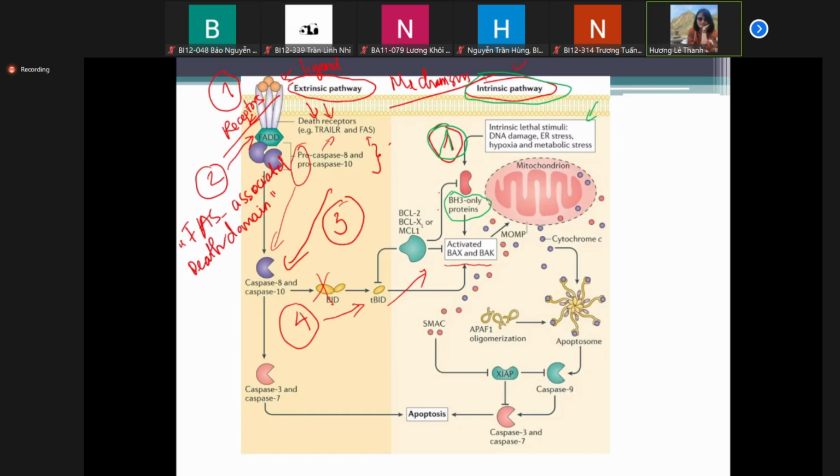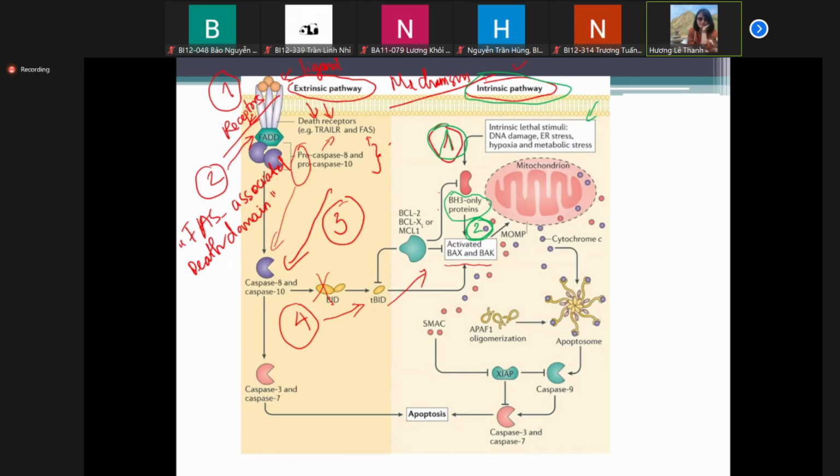The pro-apoptosis BH3-only proteins will activate the BAX and BAK proteins. This is step number 2 of the intrinsic pathway, where the BH3-only protein activated in step number 1 now activates the BAK and BAX proteins.